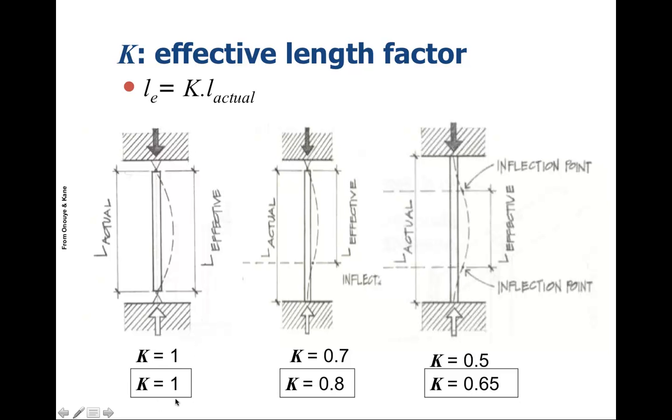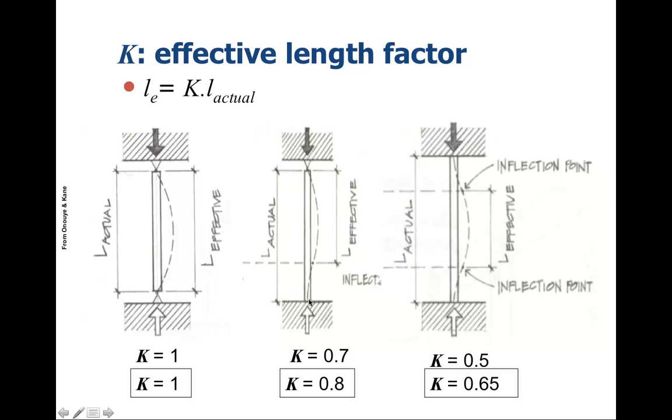If K is equal to 1, then we're assuming that it's pinned at the top and the bottom, and that the effective L is over the whole length or the height of the column. Basically it can rotate freely as soon as any load is applied. So that would be K equal to 1.